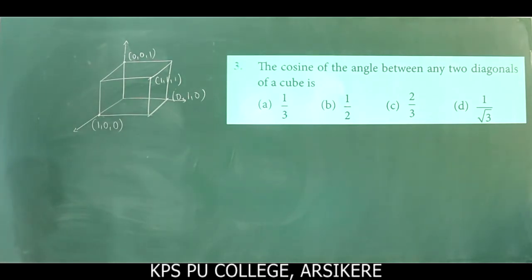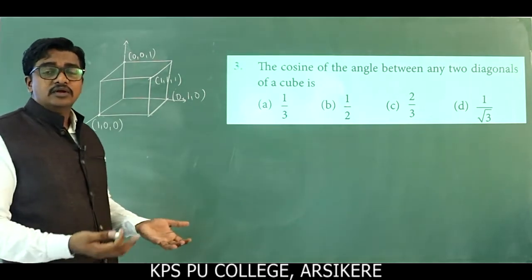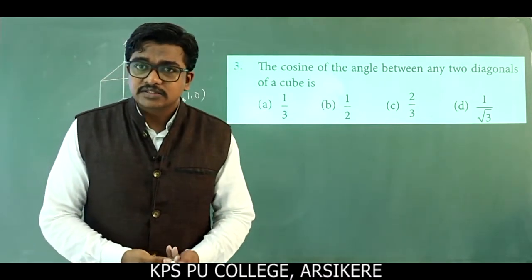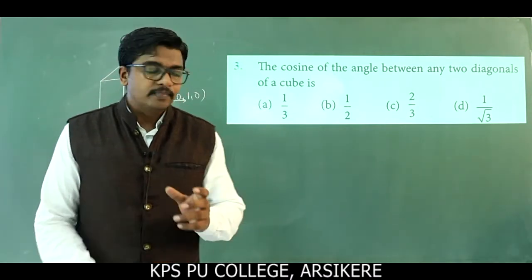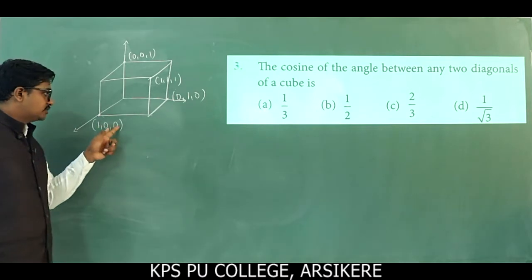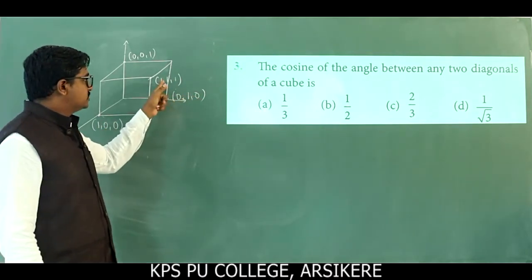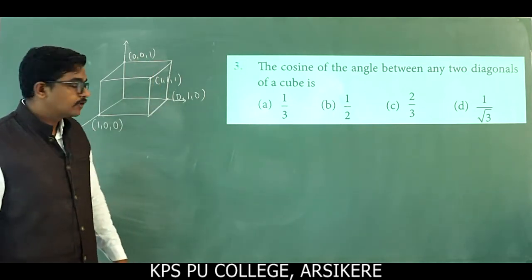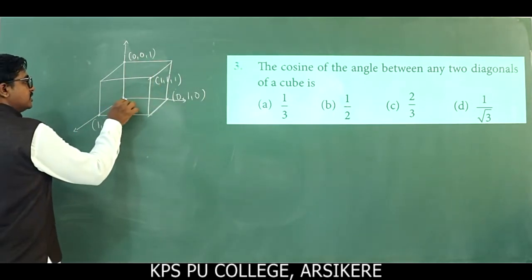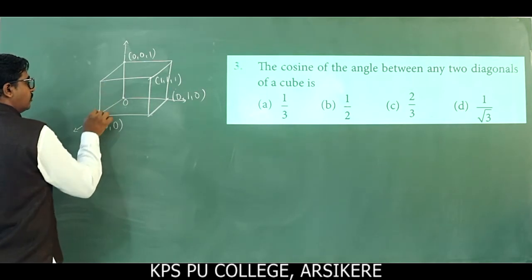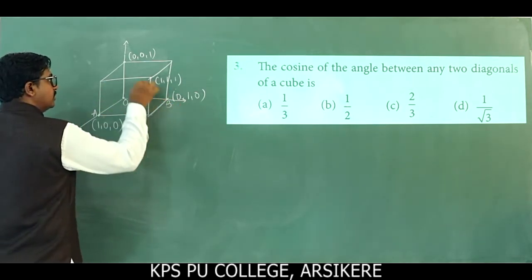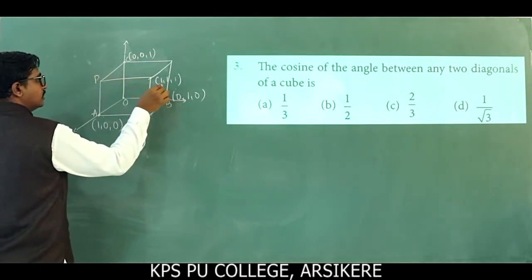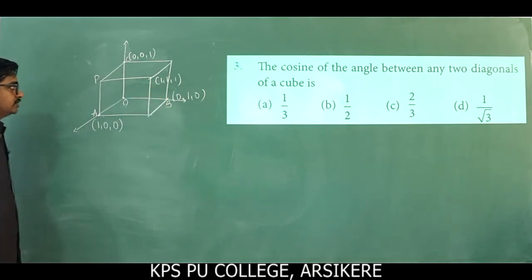Or else, directly for a cube having edges of a units, you take that as a. This becomes a comma 0 comma 0, 0 comma a comma 0, and this will be 0 comma 0 comma a. This is the origin. These are the points A, B, C, P. So these are enough here.